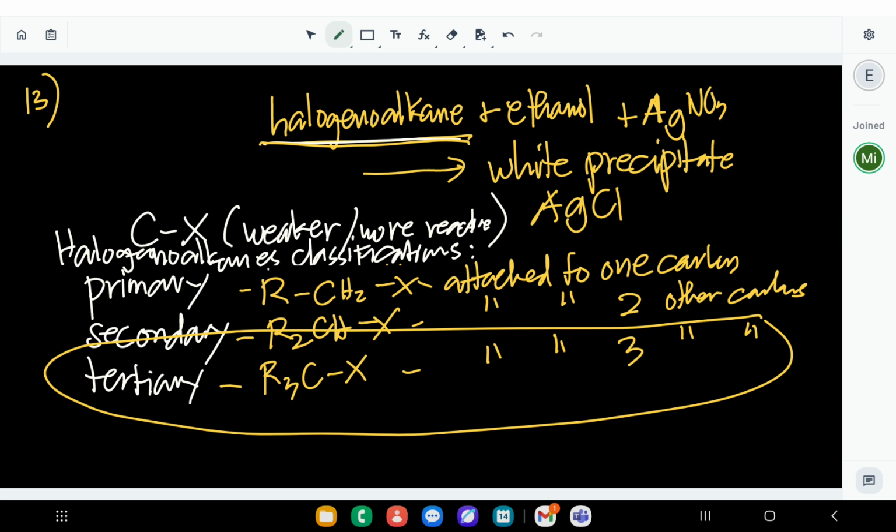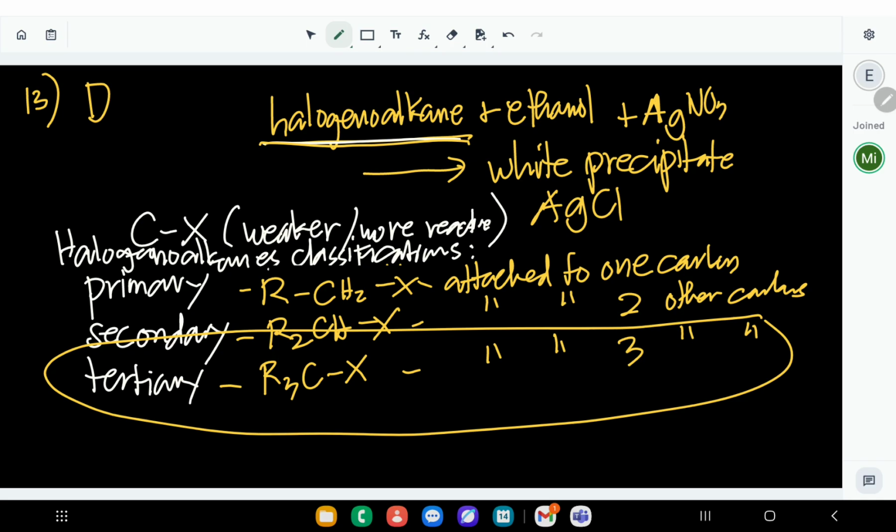How many other carbons are attached there? Three other carbons. I'm sure A, B, C are not tertiary, so the option should be letter D. And that is also the answer in your paper.